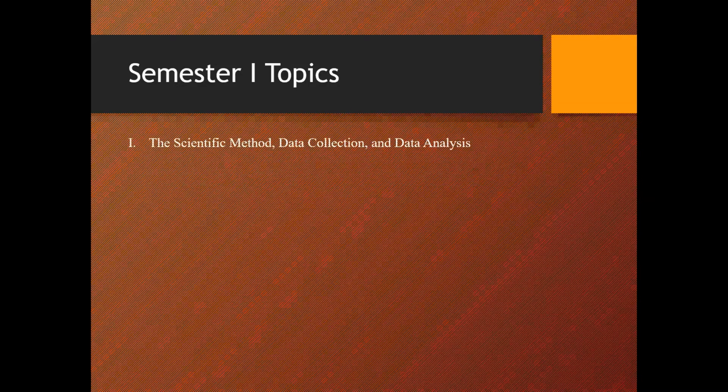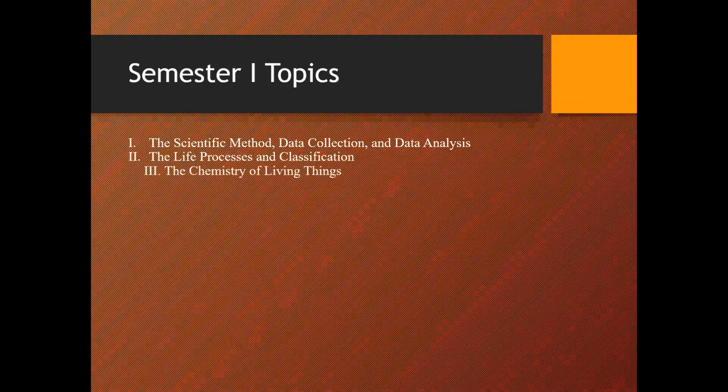The first semester topics, we would start with a grounding in the scientific method, how data is collected and organized, and then graphing skills and data analysis skills. Next, the life processes that living things carry out, as well as the domain system of classification, which is the most modern way to classify living things at this point.